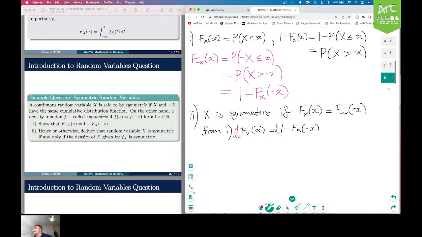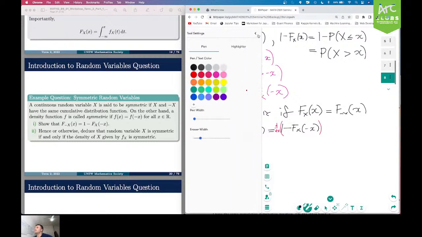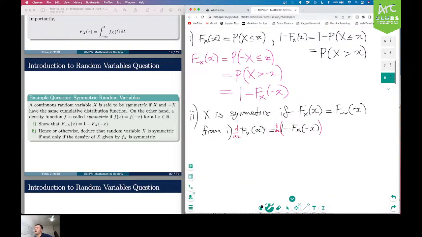And what you'll see there is that on the left-hand side, the derivative of a CDF is in fact your probability density function. So what we're going to get here is just the probability density function for our random variable X. And on this side, what do we get?